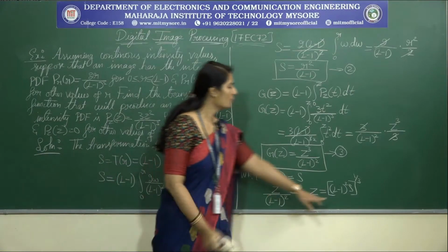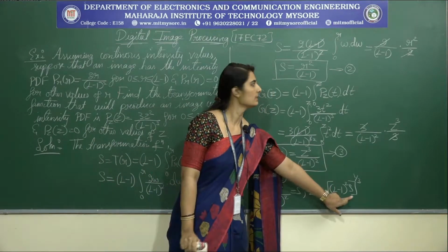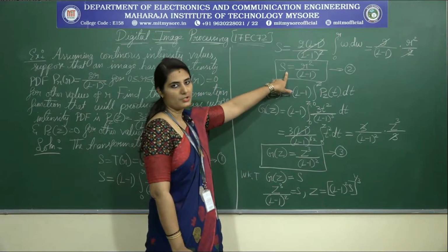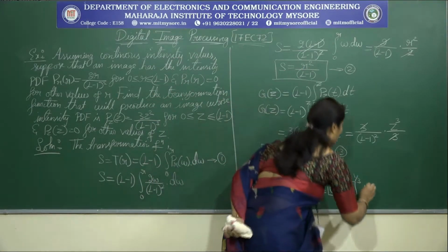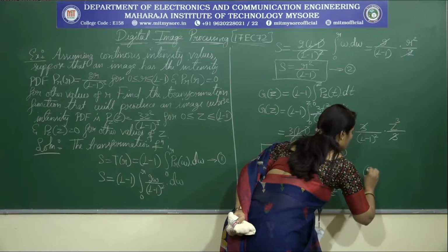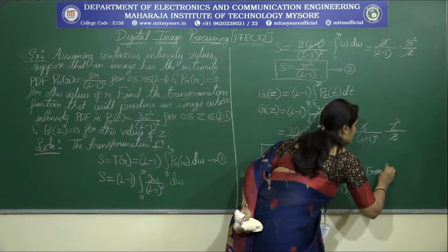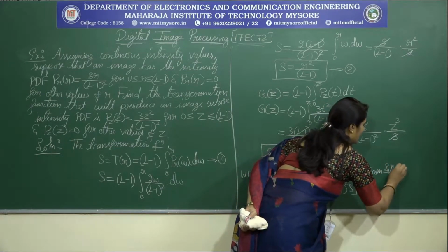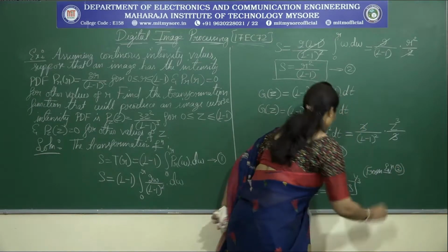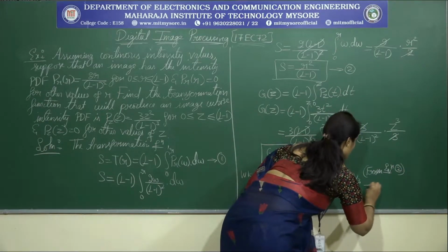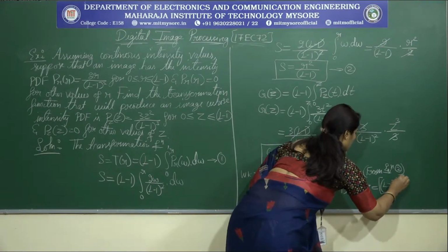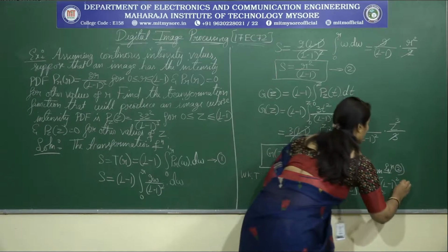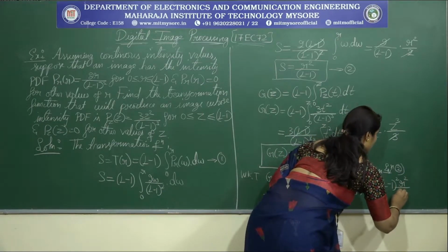Right, now what is this S value? We know that from equation number 2, S is given by r square by L minus 1. So from equation 2, I am substituting the value of S here. So Z is equal to L minus 1 whole square, and here r square by L minus 1.